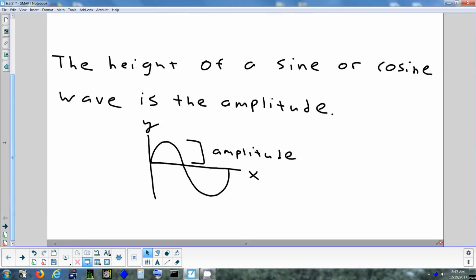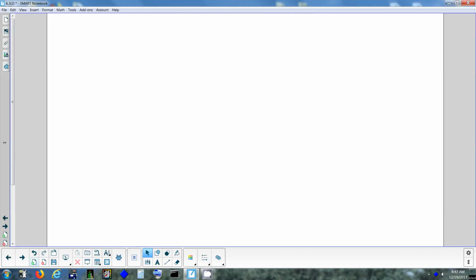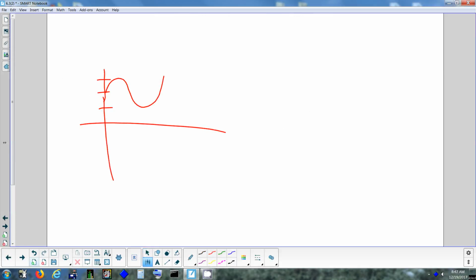What's the amplitude of the sine and cosine function normally, if you don't do anything to it? Yeah, 1. The amplitude is 1, which also happens to be the highest y value it ever hits. But those two questions aren't always the same answer. Because if you had a graph like this, that's still an amplitude of 1.